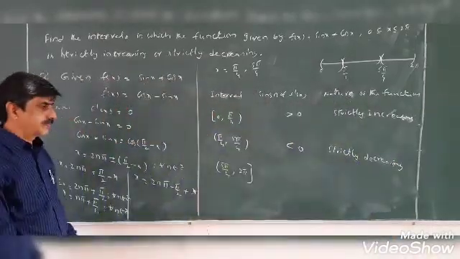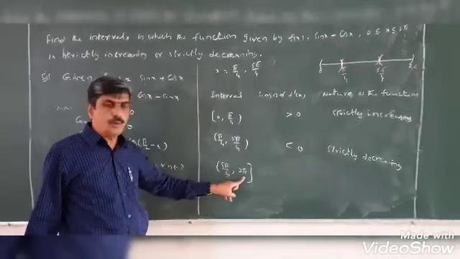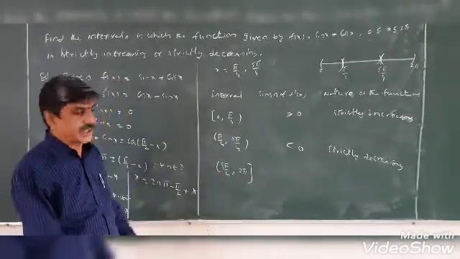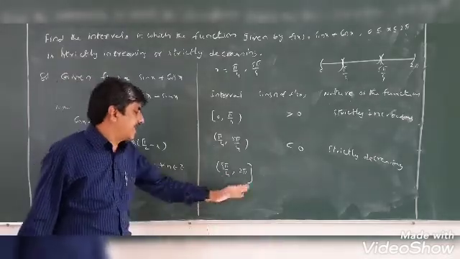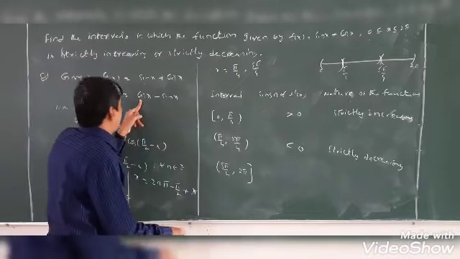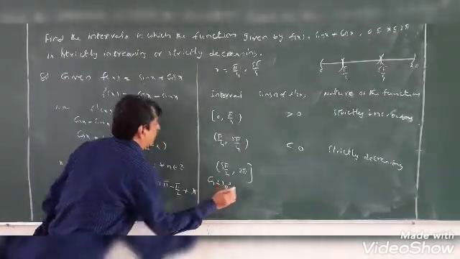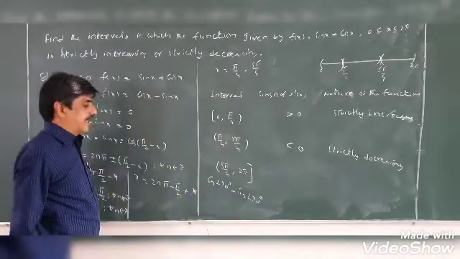Now take the interval 5 pi by 4 to 2 pi. So 225 to 360. In between, 270 is there. So in the 270 case, I am writing cos of 270 minus sin of 270 degrees.